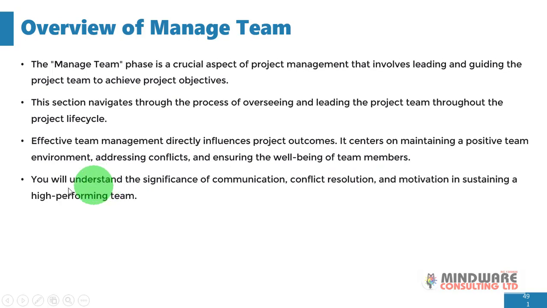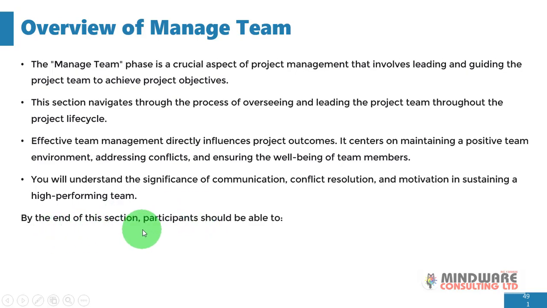Okay? Here you will understand the significance of communication, conflict resolution, and motivation in sustaining a high-performing team. Sustaining. The word is sustaining. You want to keep the team in that place of high performance throughout the life cycle of the project.